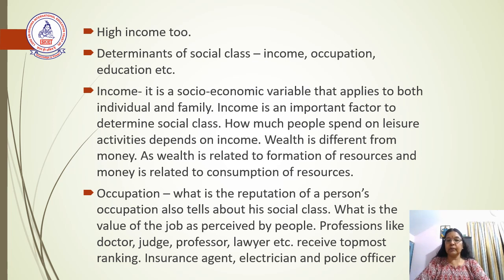The next factor is occupation, what kind of job we are holding. Different jobs are perceived differently by people in society, like professional jobs like doctor, judge, professor, lawyer is perceived very highly in society, whereas some jobs like electrician, insurance agents, police officer, these kind of jobs get an average rating or are considered like average jobs by society.